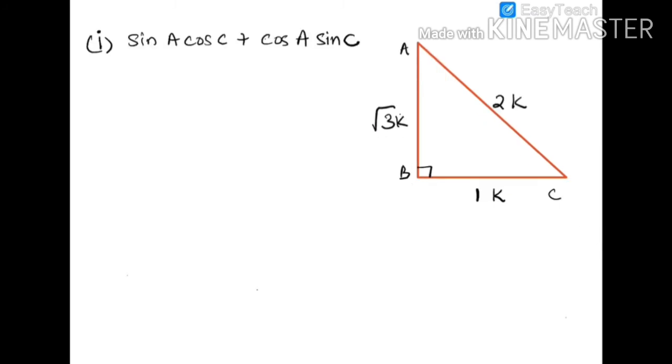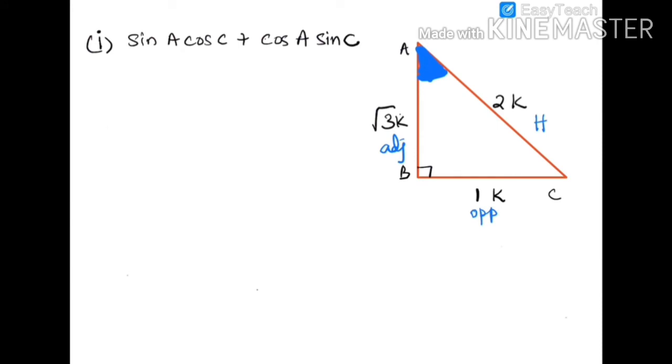Now that we have all three sides of this triangle, we can write all these ratios and then find its value. But notice that there are ratios of two angles in this expression. So let's consider angle A and write down the opposite side and adjacent side and hypotenuse.